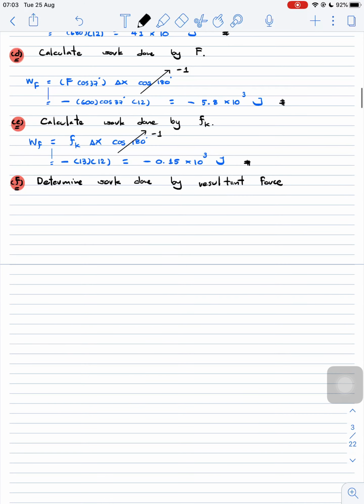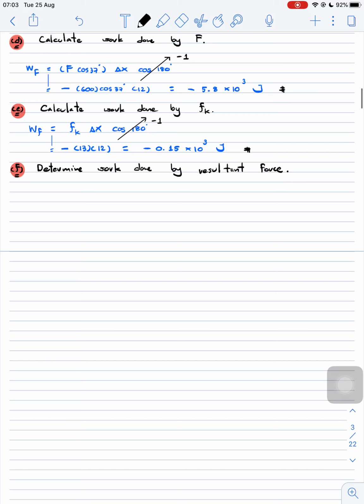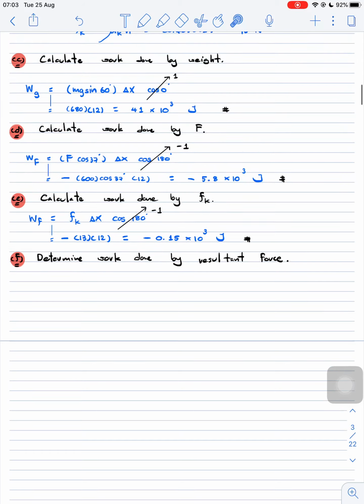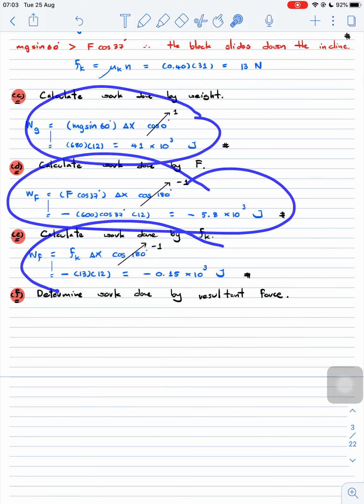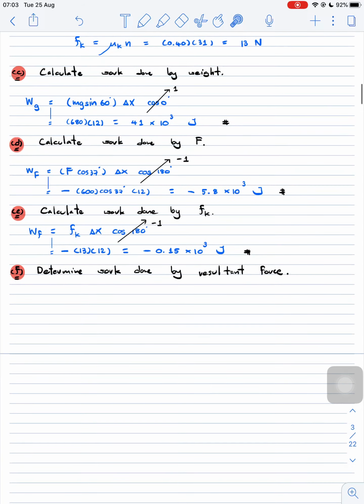Determine the work done by the resultant force here. Actually, we have two approaches that we can do, right? We can just find the resultant force first and then compute the work done by the resultant force, or we just sum all the work done by everything here. Okay, just be the same.